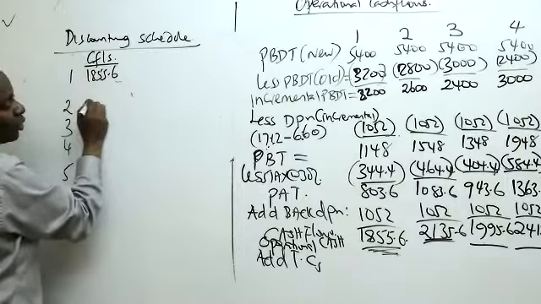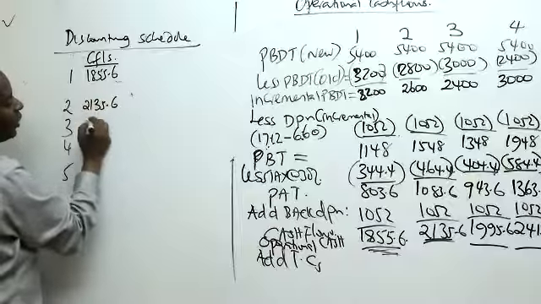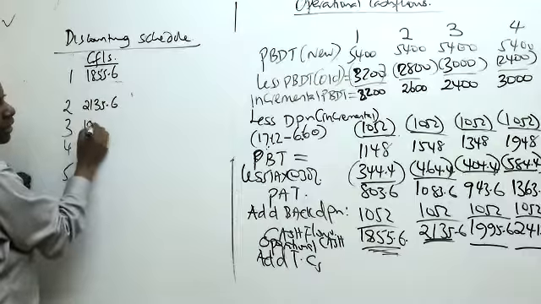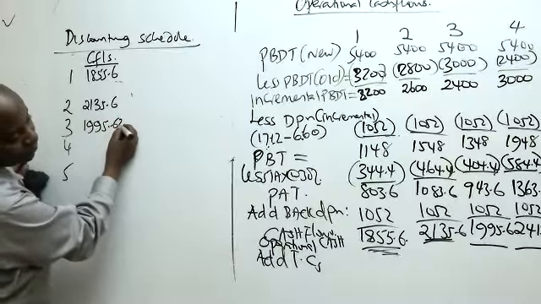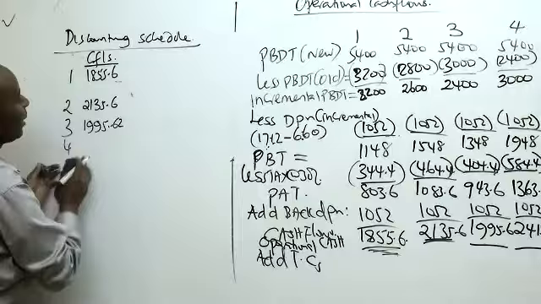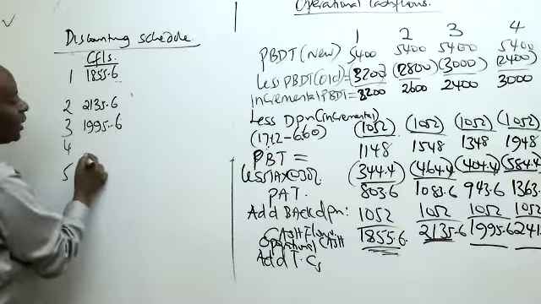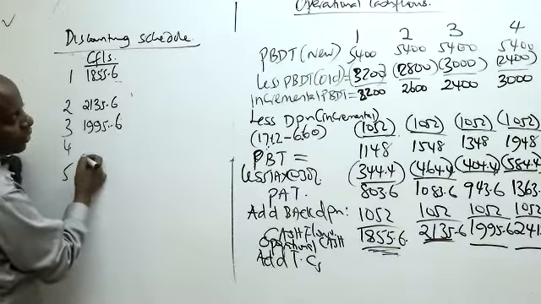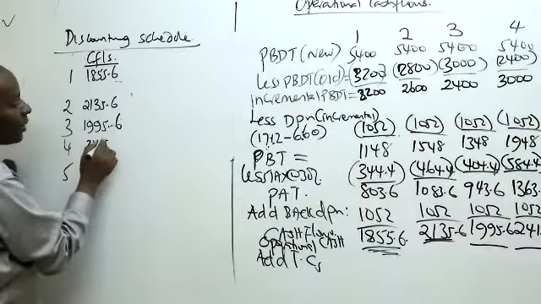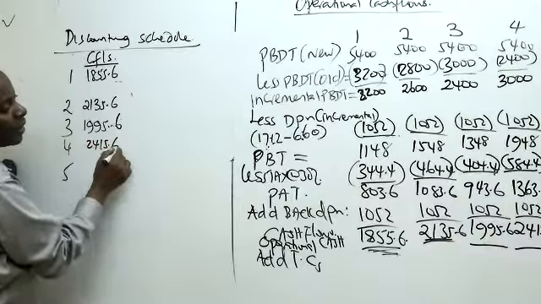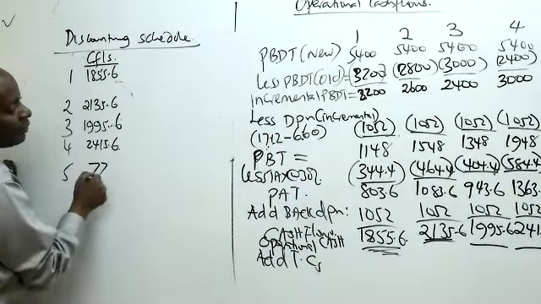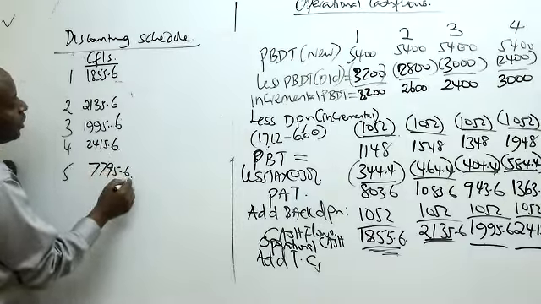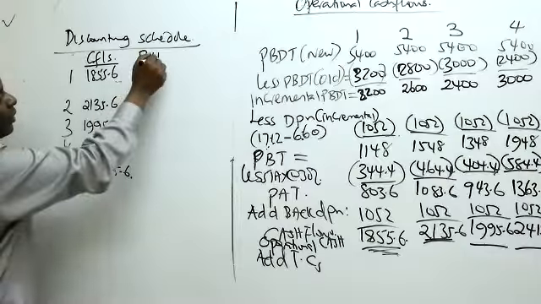Year 2 is 2135.6. Year 3, we have 1995.6. Then year 4, we have 2415.6. Year 5, you have to be careful, work with that total, 7795.6.